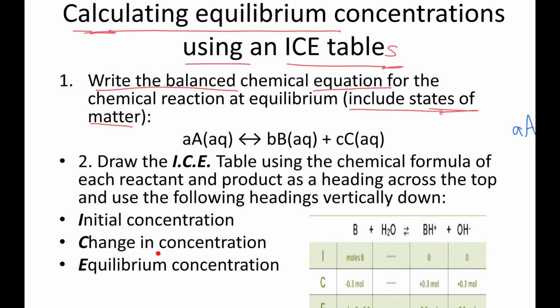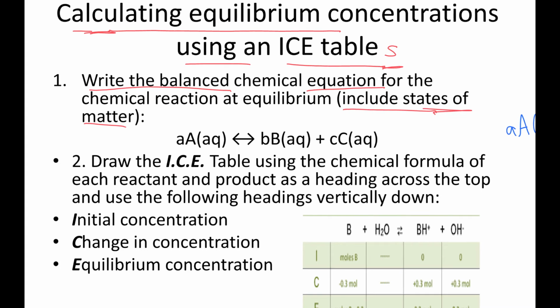The C represents change in concentration, so how much of it is changing. And then E represents equilibrium, that's like our final amount. So I is initial, C is change, and E is equilibrium.